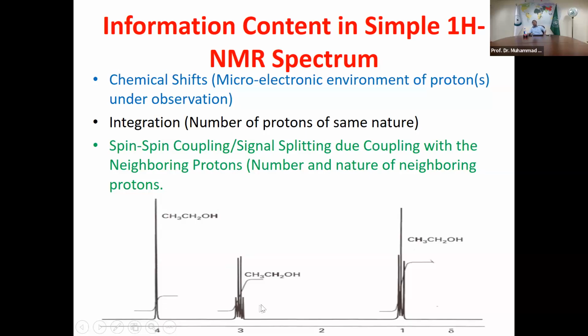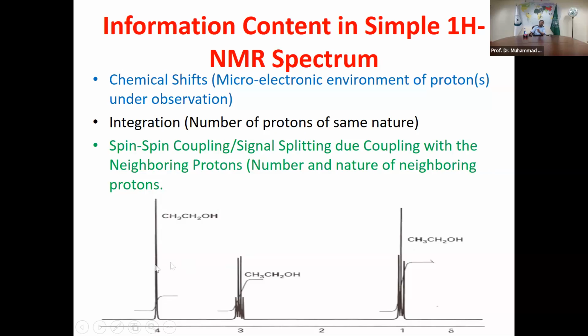So n plus 1 is going to be 4 plus 1, 5, and these signals are actually a doublet of a doublet of a quartet, which my colleagues will explain to you because it cannot really have a simple explanation. They split first because of OH and they further split because of CH3, okay?